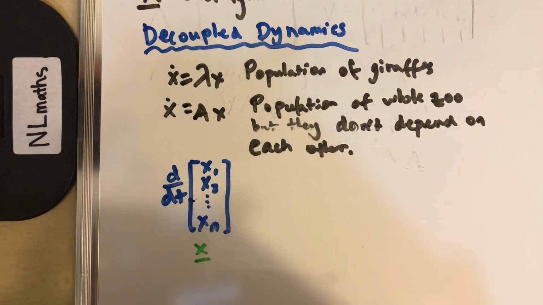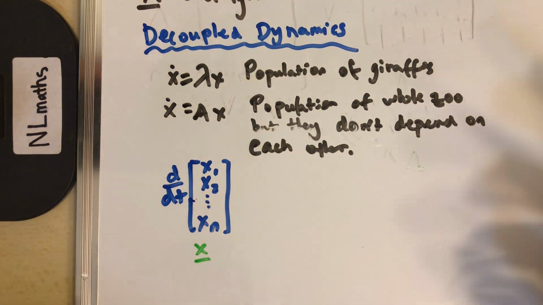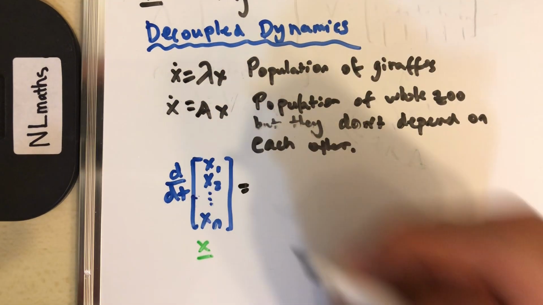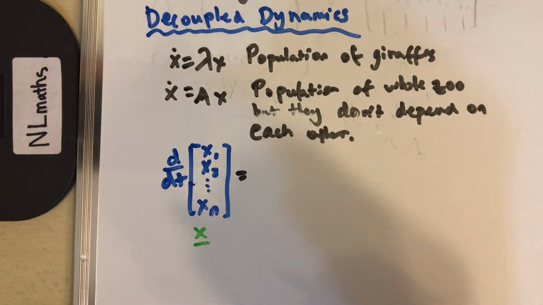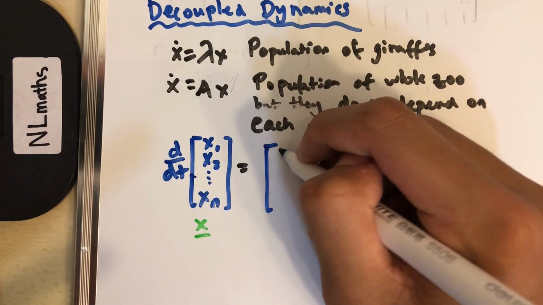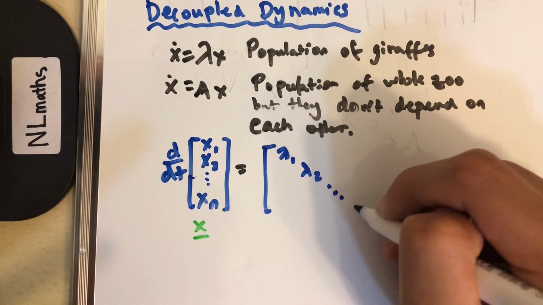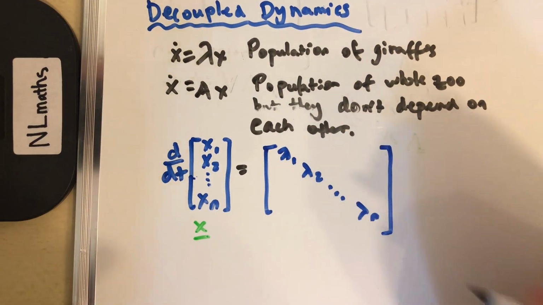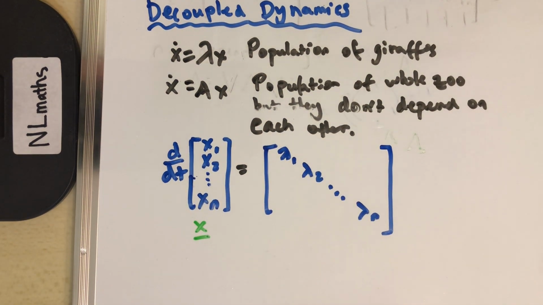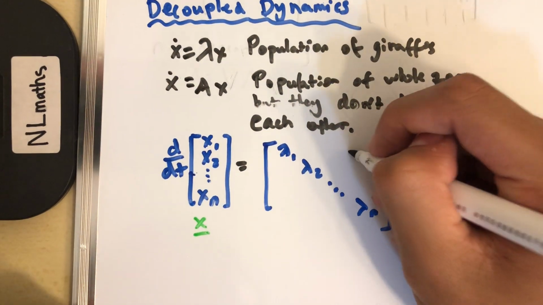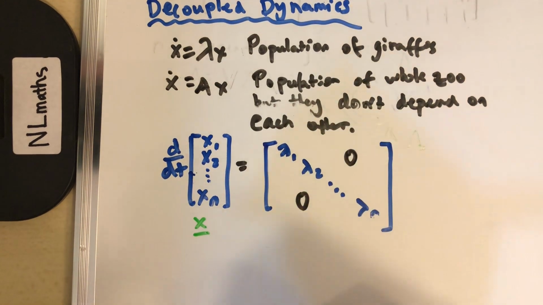Then A, since it is diagonal, and this is what's so good about diagonal matrices, we will have lambda 1, lambda 2, up to lambda n, and the rest of the matrix is going to be just filled with zeros.